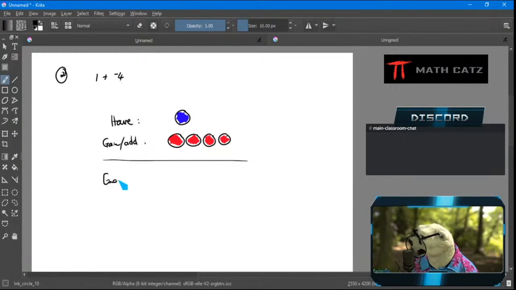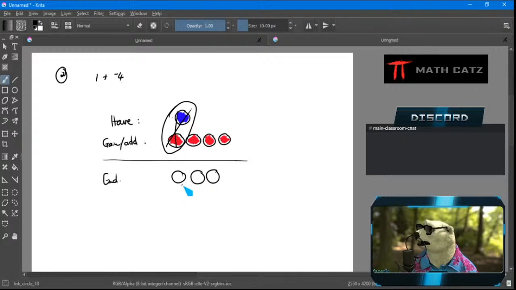So what do I end with? Well, it's just a matter of canceling a positive and a negative pair. But sadly, I am left with some debt. Which makes total sense, right? I had 1 chicken on my farm. Someone did me a humongous favor. Maybe they saved my life. I was going to fall into the river and they caught me or something.